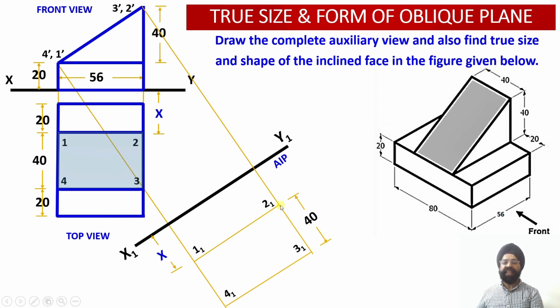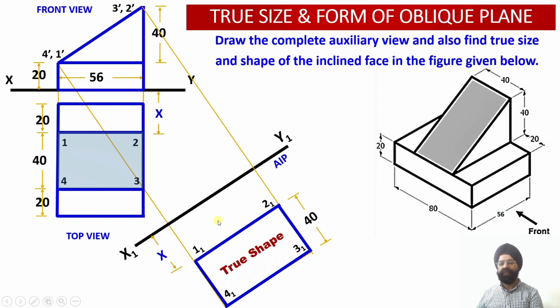And now, since these projections have been obtained by virtue of drawing this auxiliary inclined plane parallel to this edge view, the projection of this section surface onto this auxiliary plane will provide us with the true shape of this particular inclined section surface over here. So this is the inclined section surface and this is the true shape.